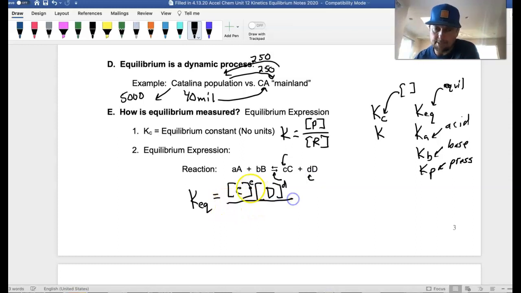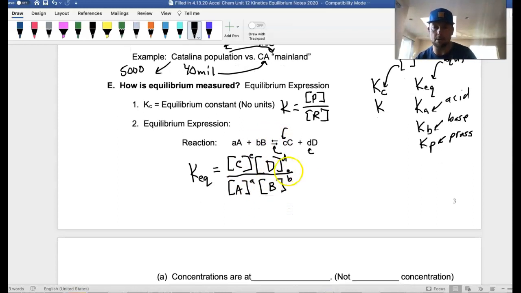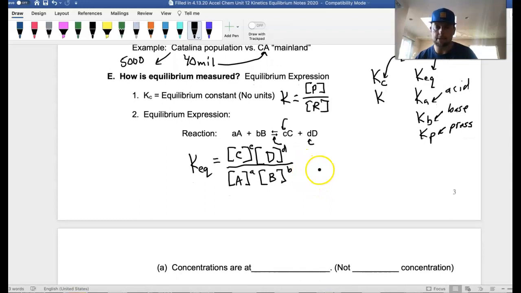A fancy term for this is the law of mass action. For the reactants, we're going to do concentration of A, and you guessed it, a little a is the power, concentration of B, and little b is the power. When we plug in all these concentrations and coefficients, if we happen to know them all, we're going to get a number with no units.